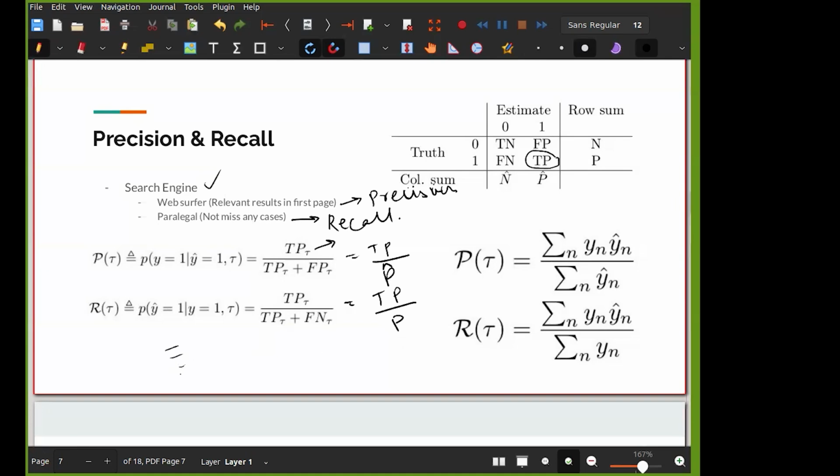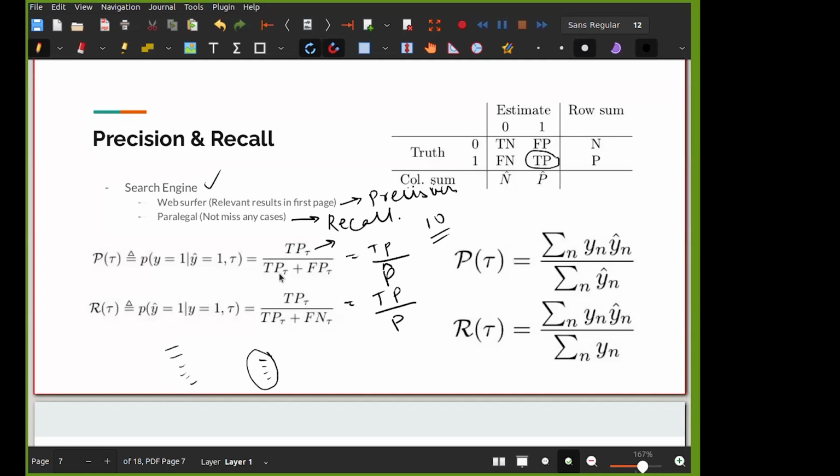You have lots of documents and you take all the documents which have a positive class label as truth. So let's say these many. And out of these, few of them which were relevant, what proportion of them you captured is the recall, right? And that's what you want from the paralegal situation. But in terms of web surfer, what you want is you make like 10 predictions and how many of them were correct. That's what you want from a web surfer, and that's the high precision system.